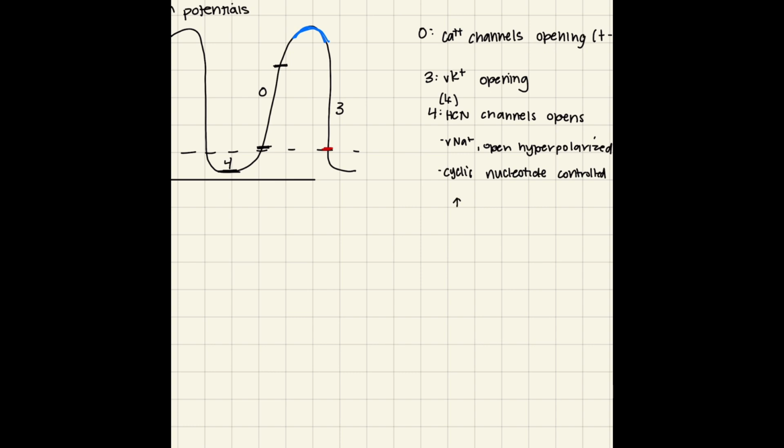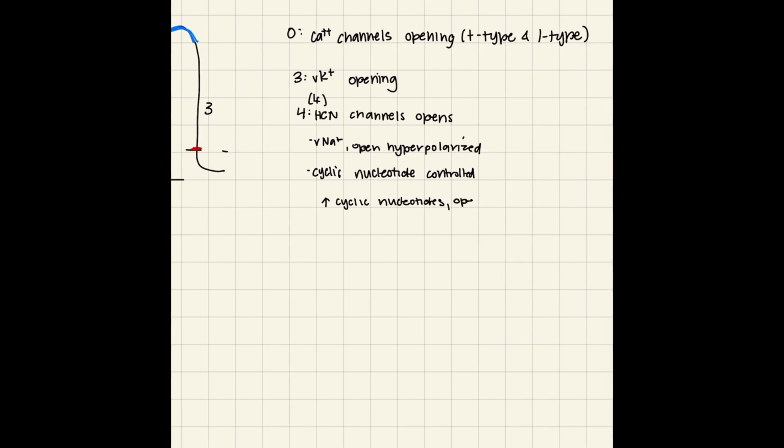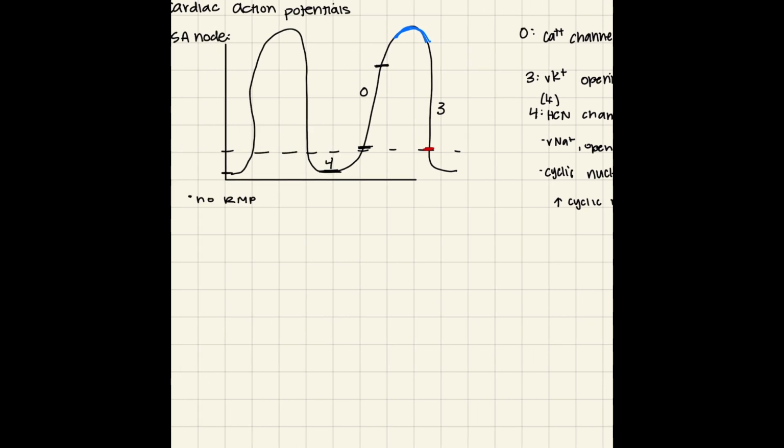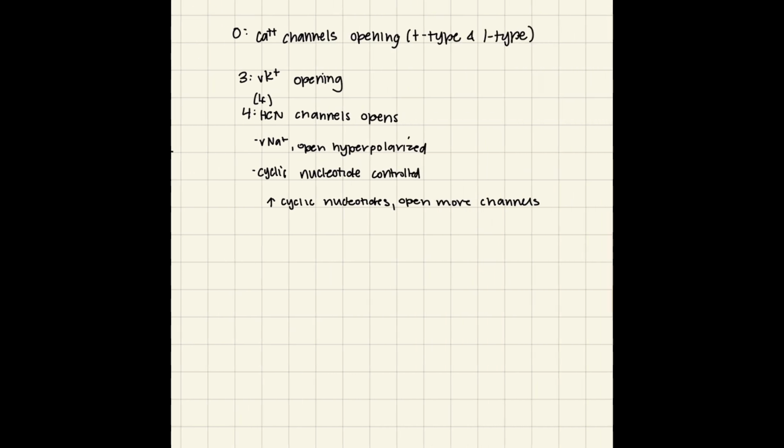If we increase cyclic nucleotides, we open more channels, and this causes the cell to depolarize faster. So we depolarize faster, shoot up, come down, depolarize faster, shoot up, come down, causing an increase in heart rate.